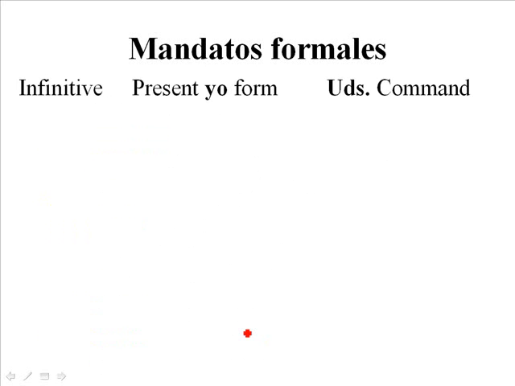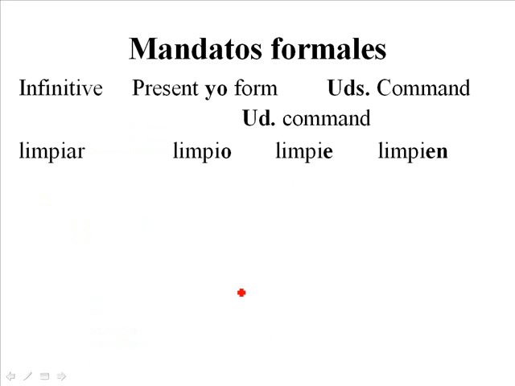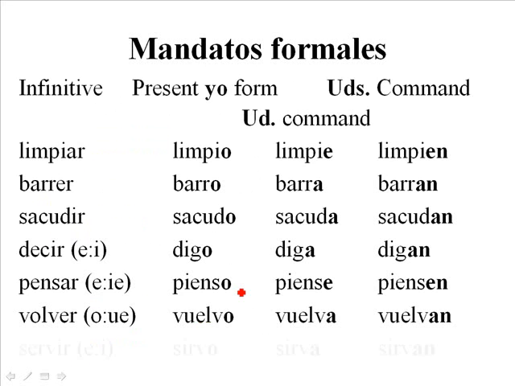Okay, how do we create un mandato formal? What you're going to do is start off with the infinitive, like any verb conjugation at all. Here, limpiar, it's an AR verb. What's the yo form? Limpio.